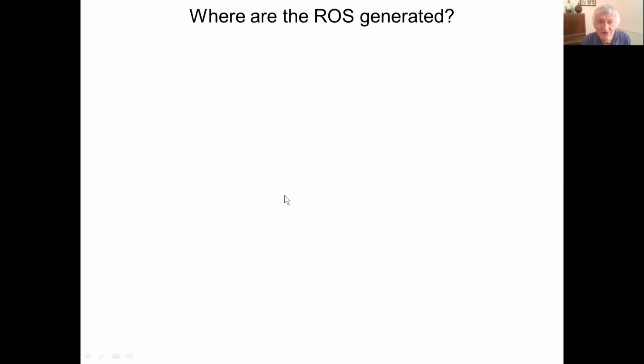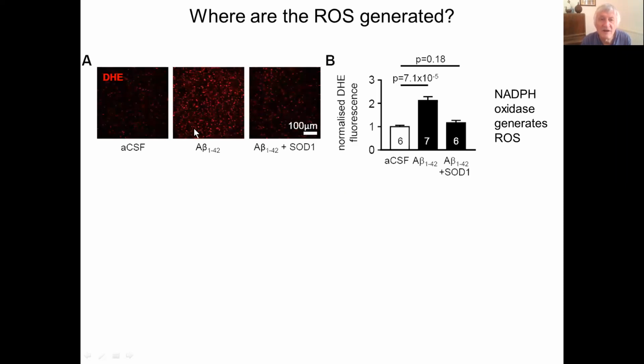So which cells is this in? Well, if we use imaging of reactive oxygen species, this is work done by Pablo Izquierdo, who is watching this seminar, so I have to mention him. So you get more reactive oxygen species produced.